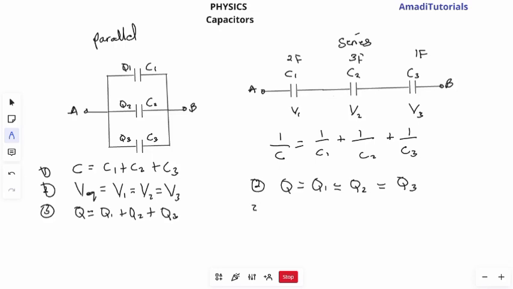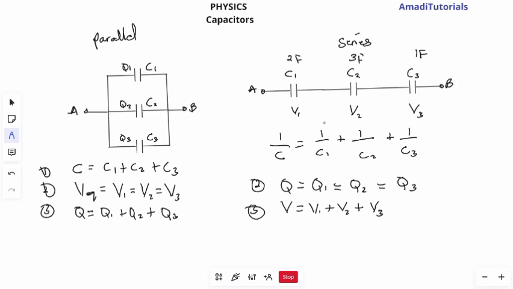So the third one that you need to take note of is the voltage. The voltages are different. So the equivalent voltage will be the summation of the individual voltages: V1 plus V2 plus V3, where V1 is the voltage across C1, V2 the voltage across C2, and V3 the voltage across C3.